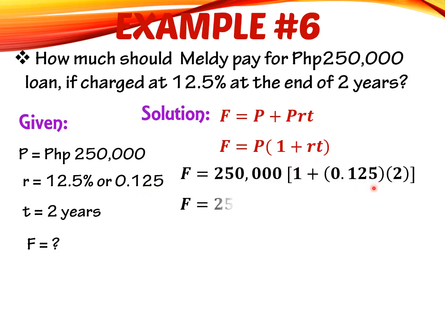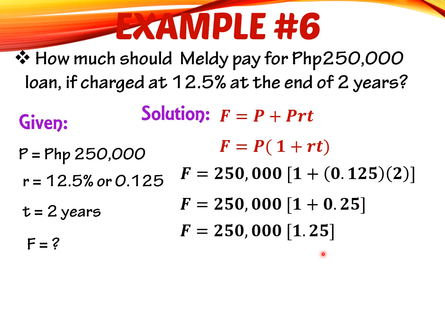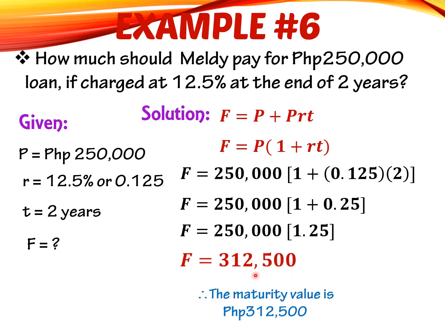So, this will be equal to 0.25. And you add it to 1, so that will give you 1.25. Multiply by 250,000, so that will give you 312,500. So, therefore, the maturity value will be 312,500. So, ito na yung babayaran nyo sa inutang nyong 250,000 kasama ang tubo. Okay, I hope you understand that one.